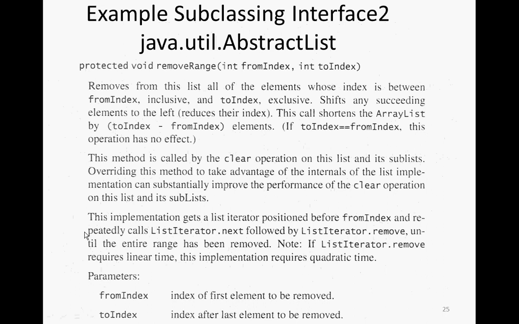This one is maybe more relevant. Here in removeRange, you'll notice it says this method is called by the clear operation, for example. And it says overriding this method to take advantage of the list implementation can substantially improve the performance of the clear operation. So here we're providing implementation information for people who are considering subclassing this class, people who are thinking about overriding methods, for example.